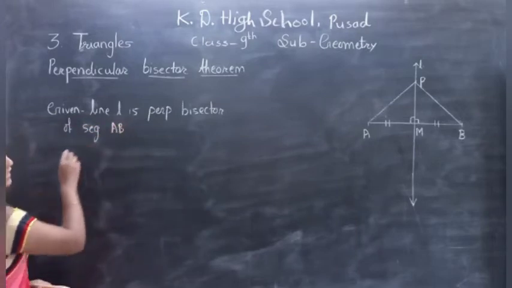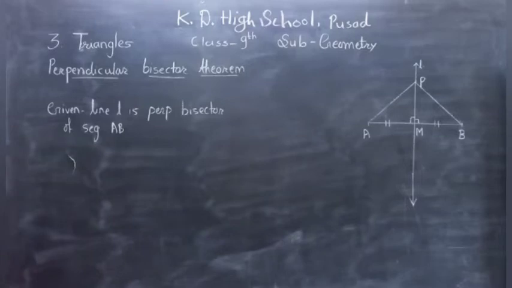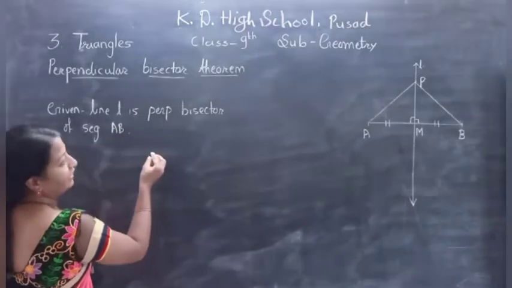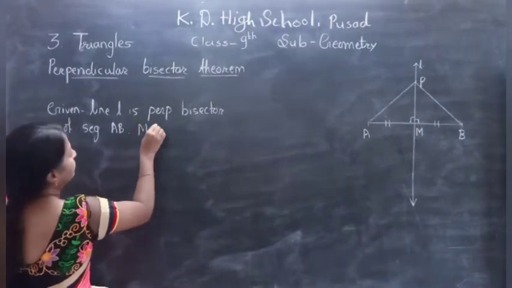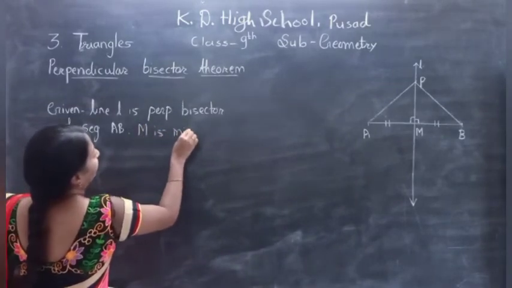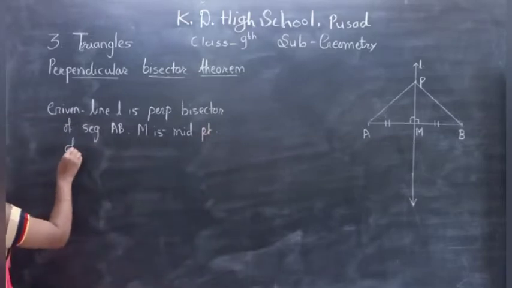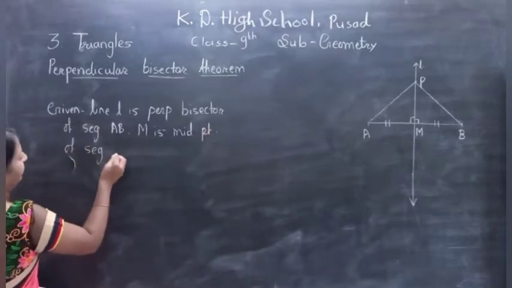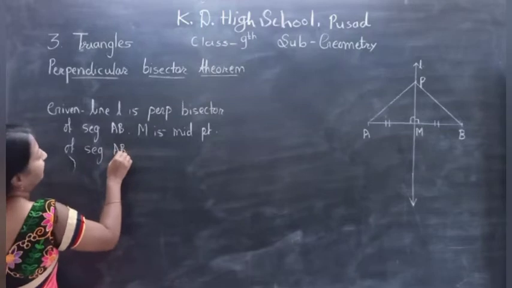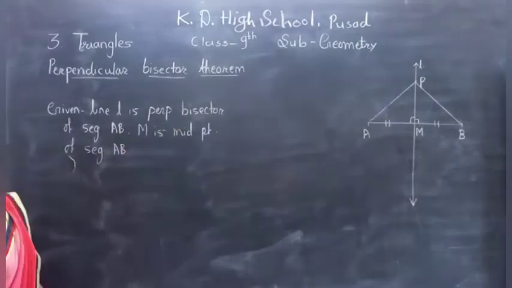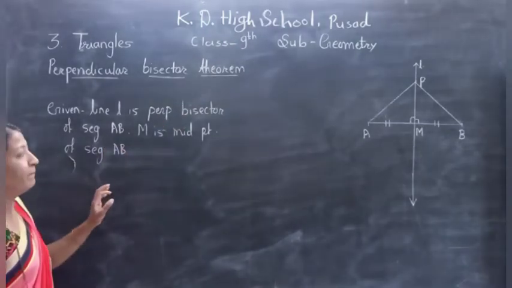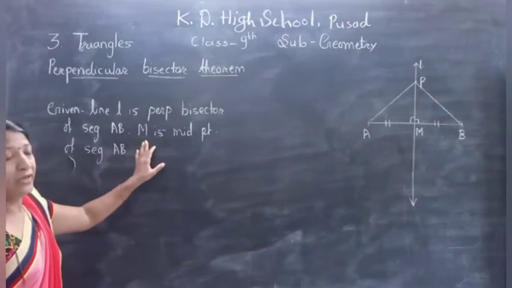This is the given. Now one more thing we have to mention here. M is the midpoint of segment AB. We mentioned already here that bisector means divided into two congruent parts, but it is the midpoint now.